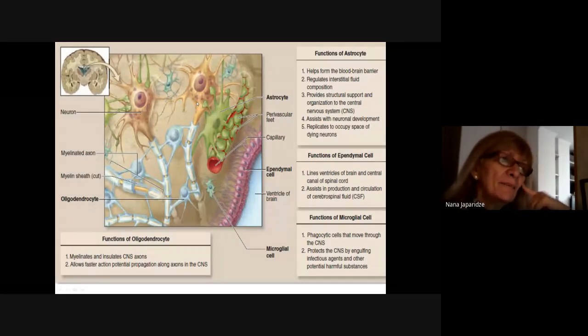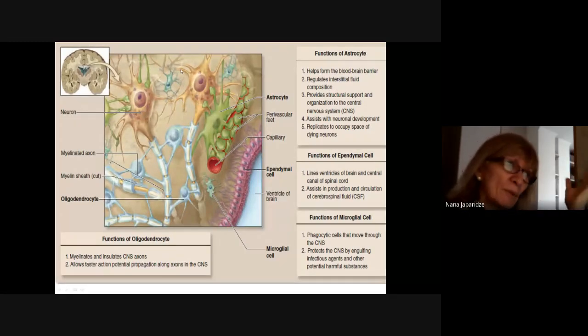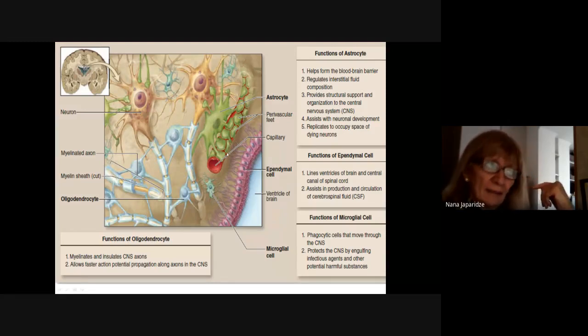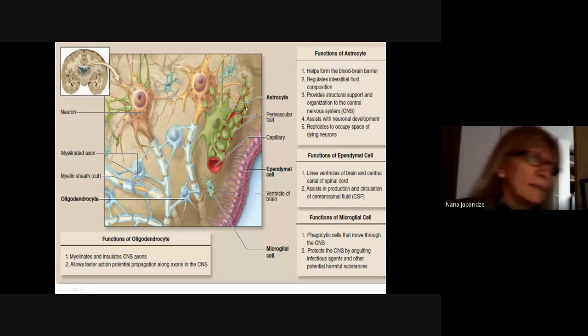At the same time, you can see other types of glial cells. For example, a microglial cell, also astrocytes. And astrocytes are depicted here close to the blood capillary. It means that the blood-brain barrier is demonstrated here, of course, schematically.